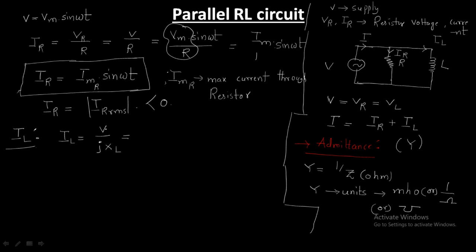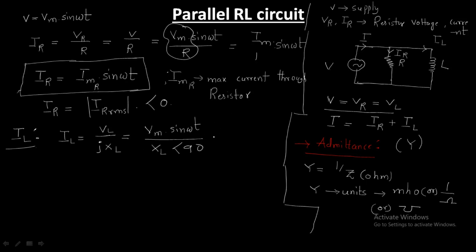V means VL, but here both supply voltage and VL are the same, so we can write the supply voltage. What is supply voltage? Vm sin omega t by XL at an angle of 90.